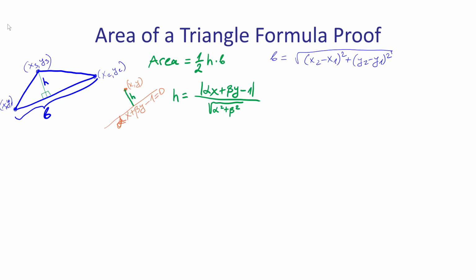To find the h, we need to find what that line is. It is the straight line which is passing through x1, y1 and x2, y2. So what kind of line is that? This line should satisfy the following equations.